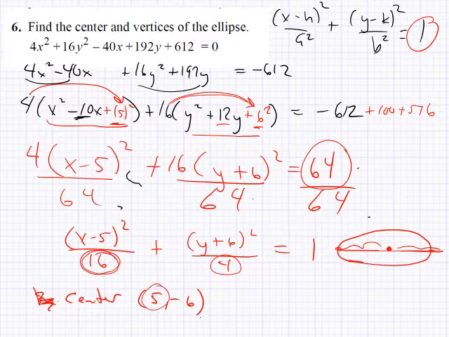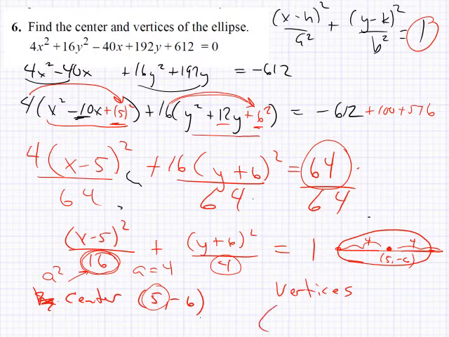So a will tell us how far we go. In this case, if that's a squared, a is 4. So if we go 4 units and 4 units away from this point (5, negative 6), that would give us our vertices to be (1, negative 6) and (9, negative 6).